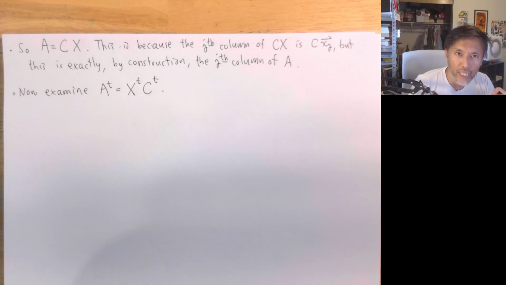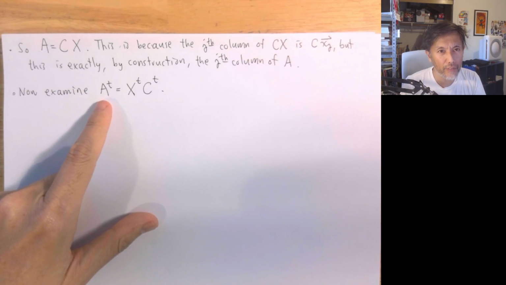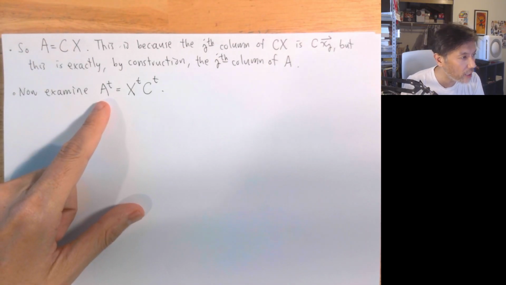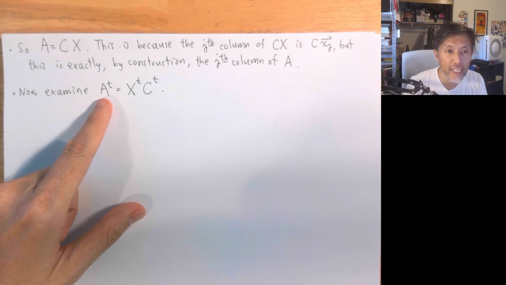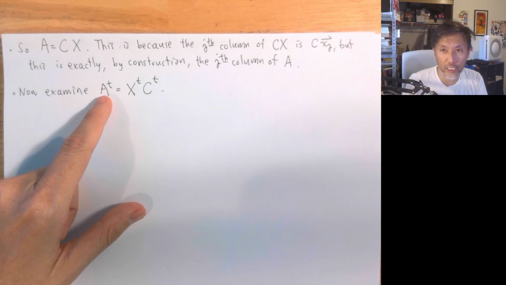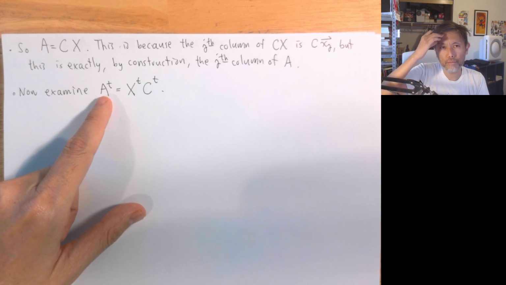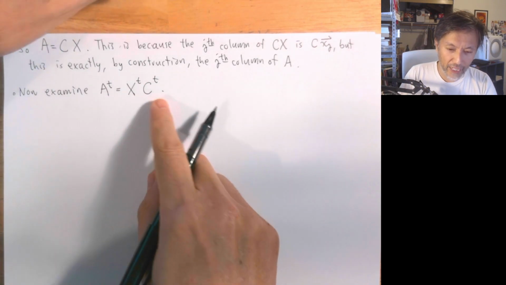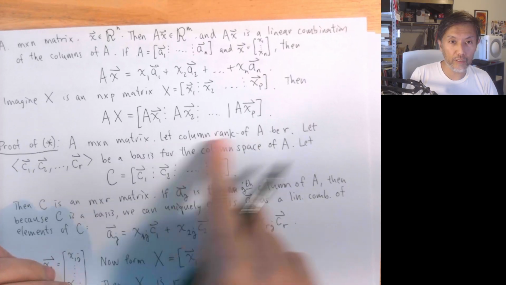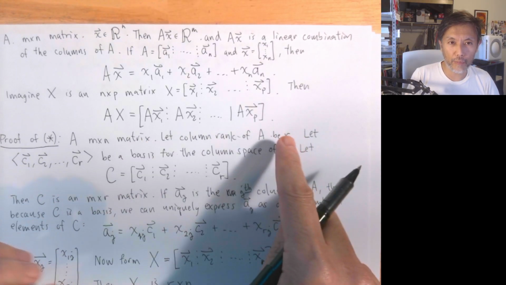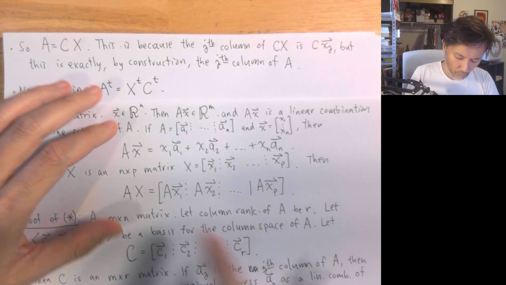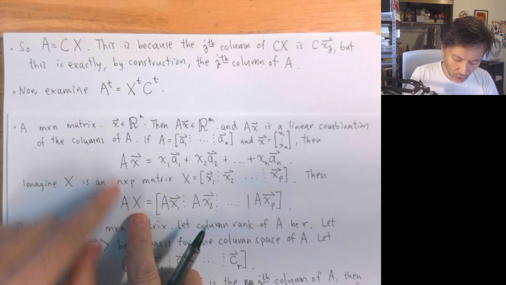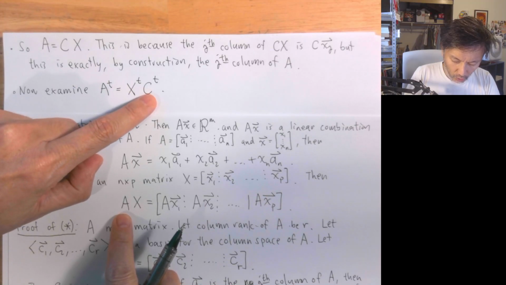So what this is saying, now we can think about the columns not of A anymore, but of A transpose. By the exact same sort of consideration that we made up here, we have a product, X transpose C transpose.